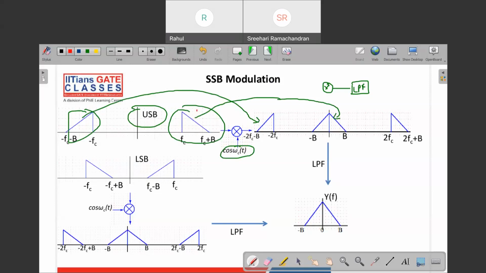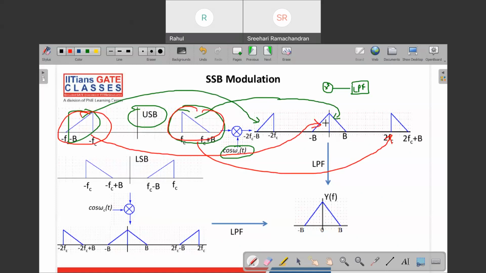Now when this signal shifts right, it will go here, and when this signal shifts right, it will go here. Now you can just apply a low pass filter and filter out this portion and this portion, and you'll get back the message.